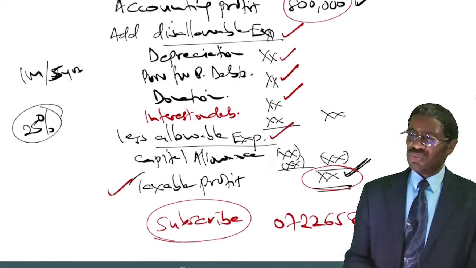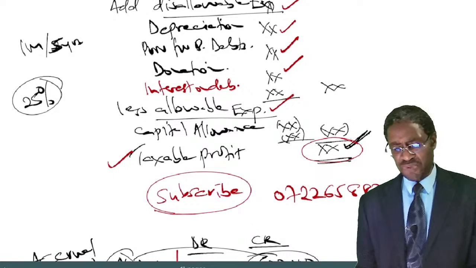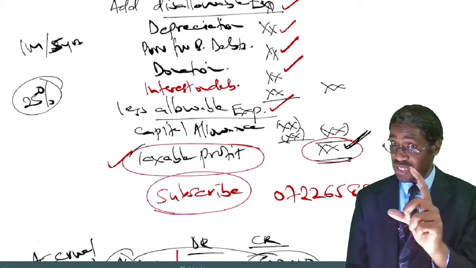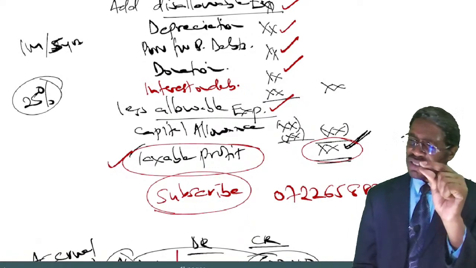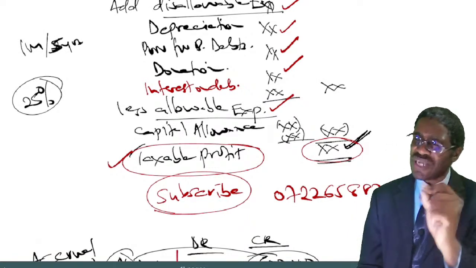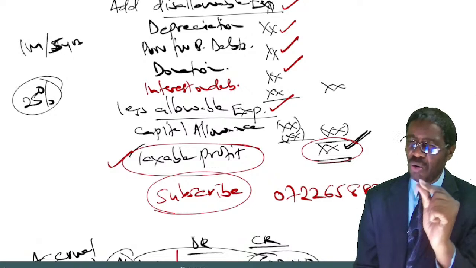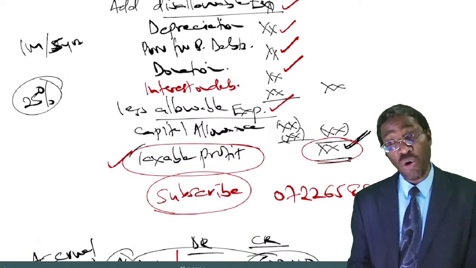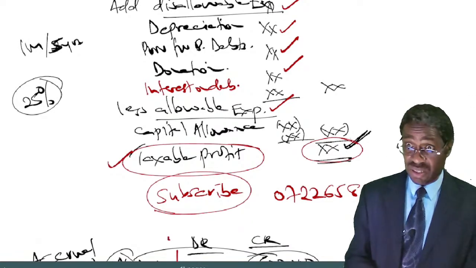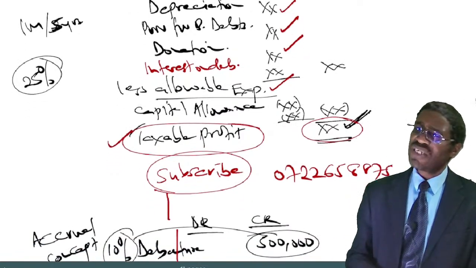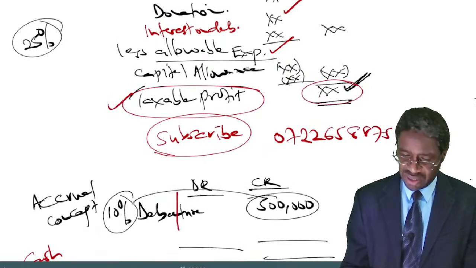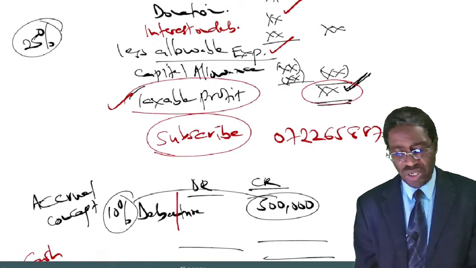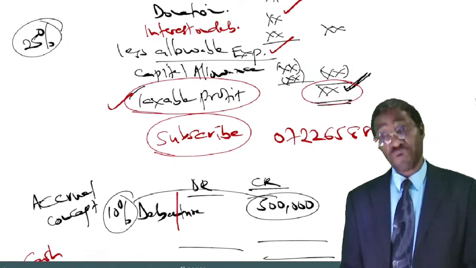I've told you taxable profit is the profit on which tax will be based for tax purposes. Listen. That tax which you are supposed to pay on that taxable profit is what we call the current tax. So when the examiner tells you to compute current tax, he is asking you to first calculate what we are calling the taxable profit.